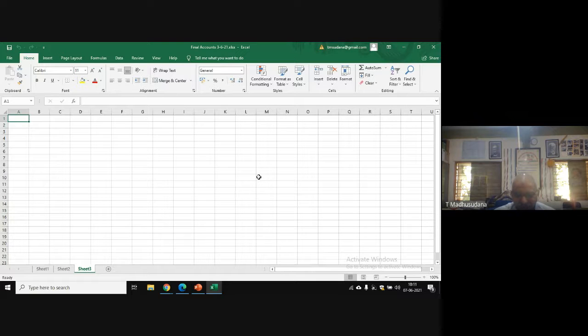Generally, the amount that appears in the debit column of the trial balance is sales returns. Next, the amount that appears in the credit column of the trial balance is purchase returns.